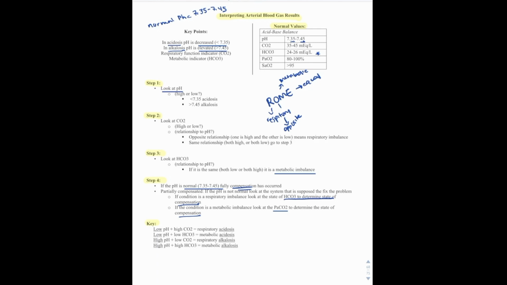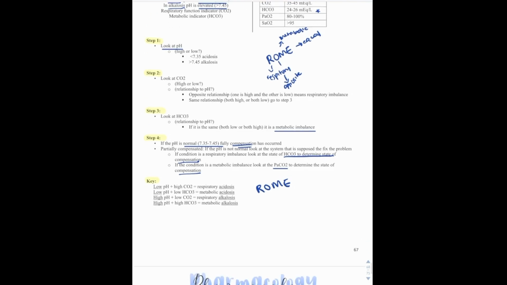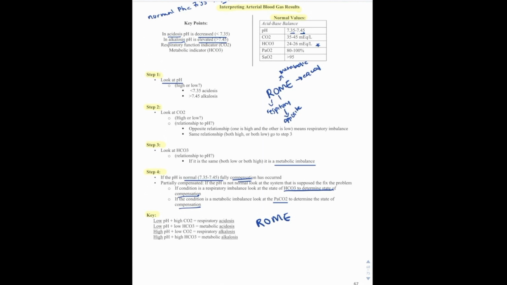So again, if we follow ROME, respiratory opposite, we can see low and high is opposite, and then low and low is equal, so metabolic equal, so we have a metabolic acidosis. If we have a high pH and a low CO2, we're opposite, right? Low and high, so we know it's respiratory alkalosis, and a high pH plus a high HCO3, we know metabolic equal, so it's metabolic alkalosis.